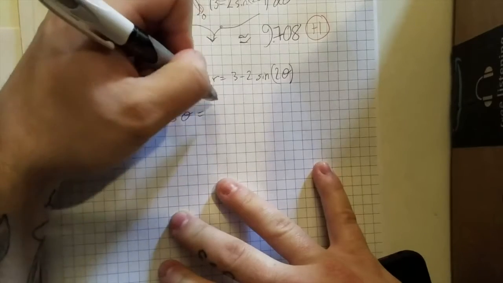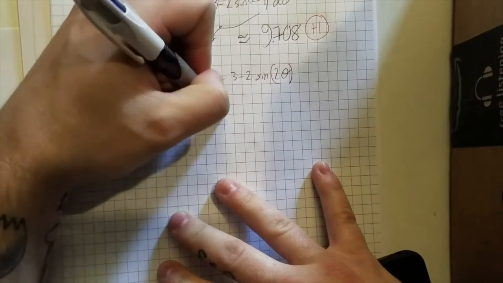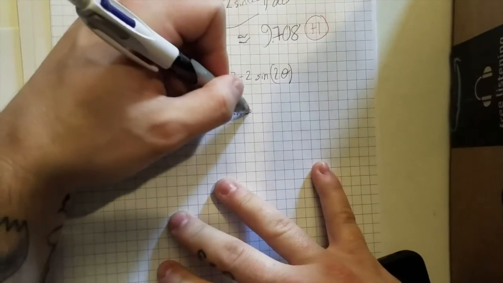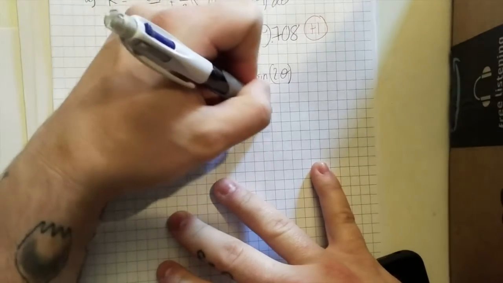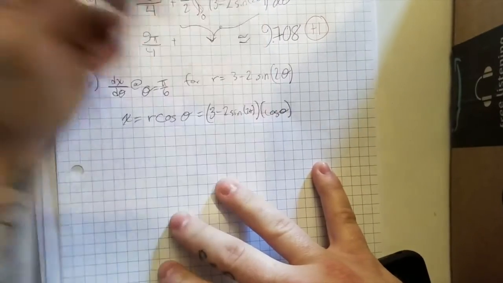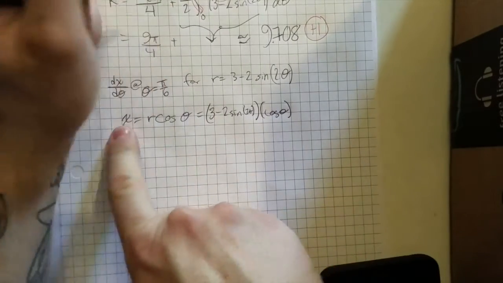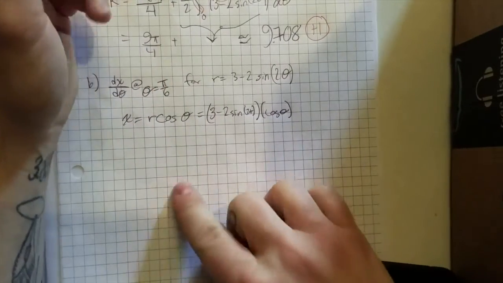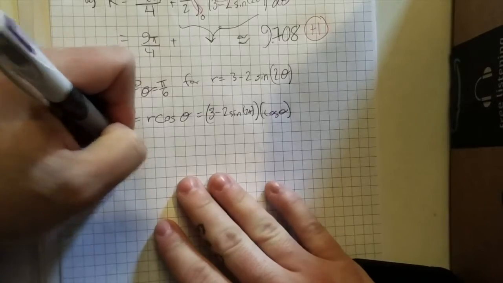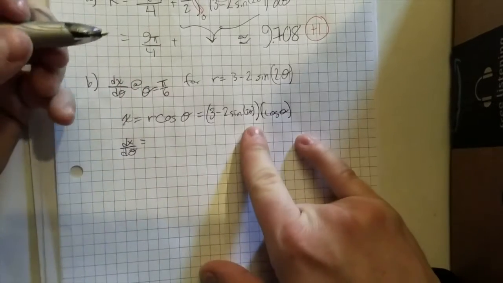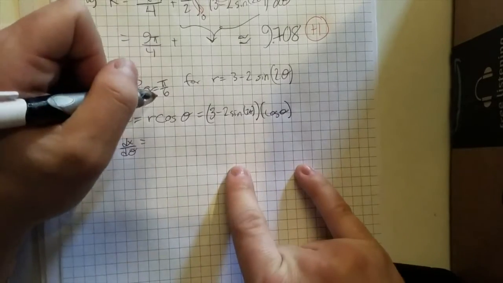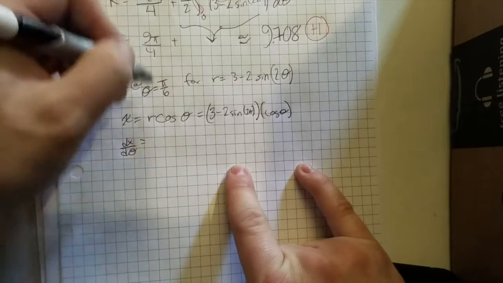So I can go ahead and say I have 3 minus 2 sine 2 theta times cosine of theta. Now, if I want to take the derivative on each side and then divide by d theta, so dx d theta, this is going to be a product rule problem.